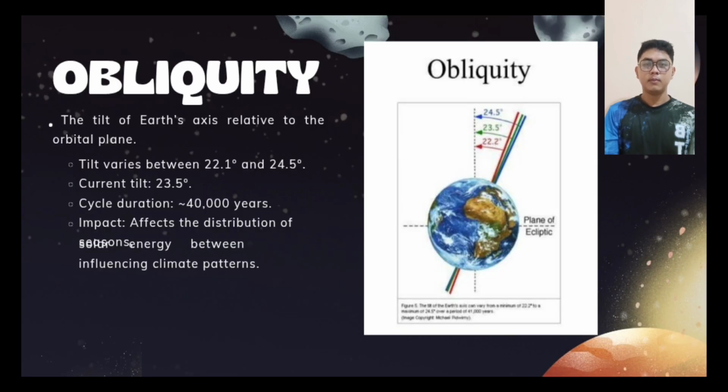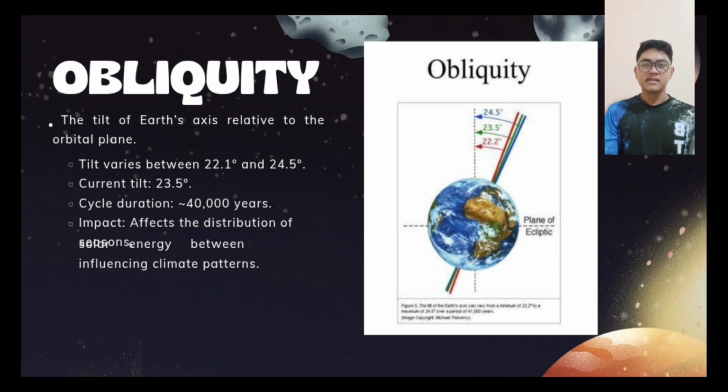Next is the obliquity, the tilt of Earth's axis relative to its orbital plane. Tilt varies between 22.1 and 24.5 degrees, with a current tilt of 23.5 degrees, with a cycle duration of 40,000 years.